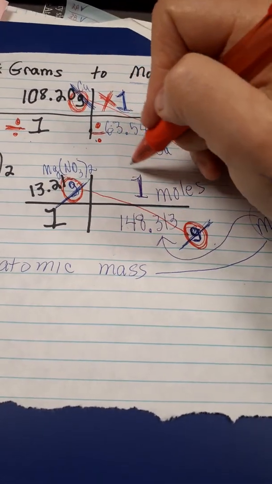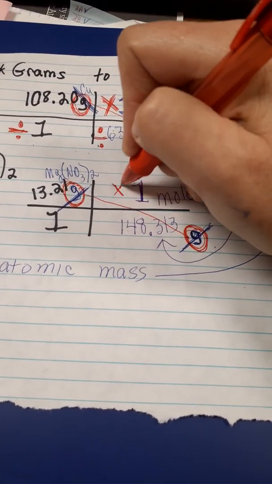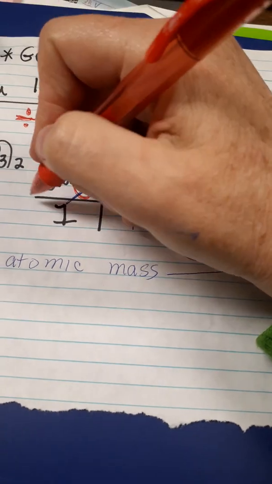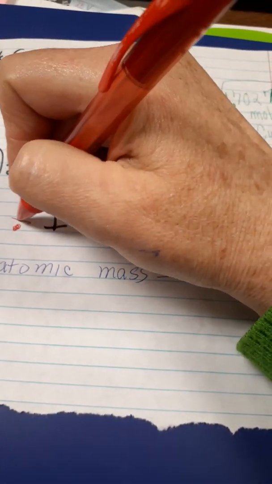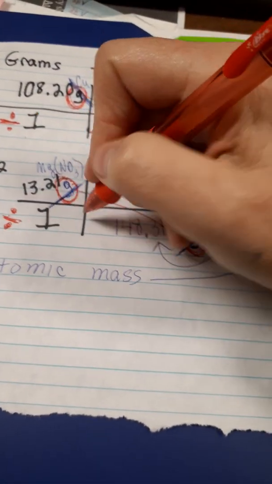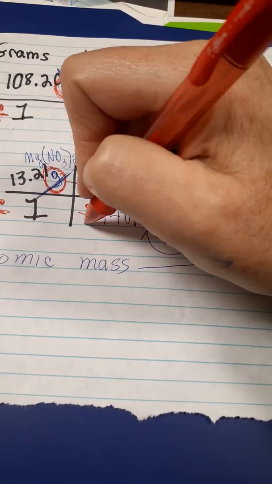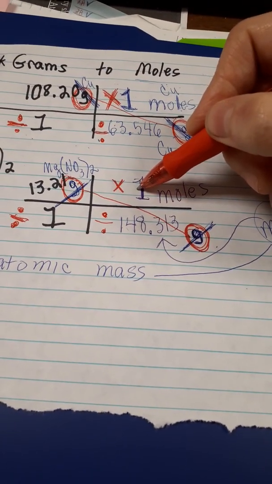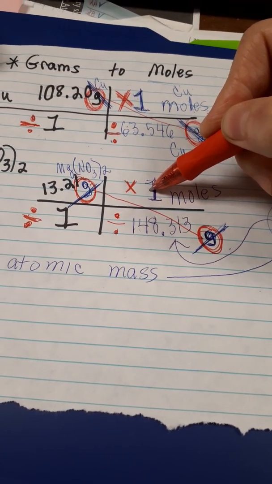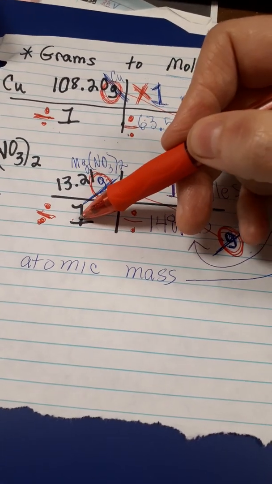Again, we always multiply any number that's on top. We always divide by every number that's written on bottom. You really do not have to multiply by 1 because it will not change the value of the answer. You really do not have to divide by 1.